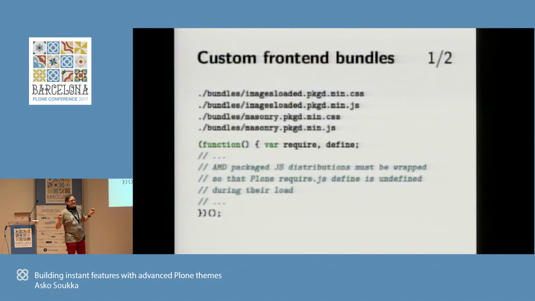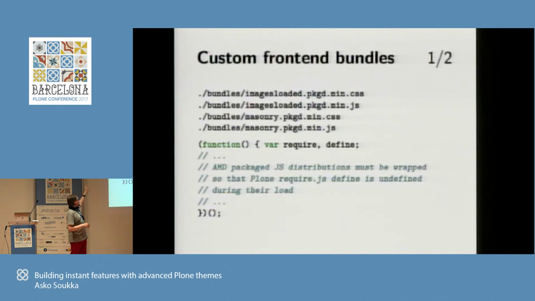And what that means is that they don't work by default in Plone 5 because they conflict with the Plone 5 required JS configuration. And you can make those work just as they are without doing any kind of bundling or compilation of resources, which some have thought is difficult to do.